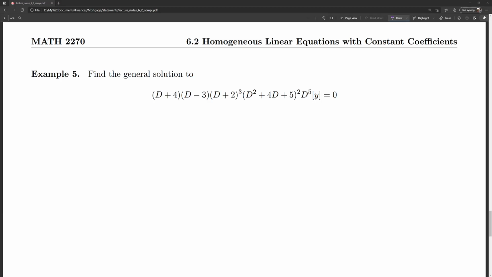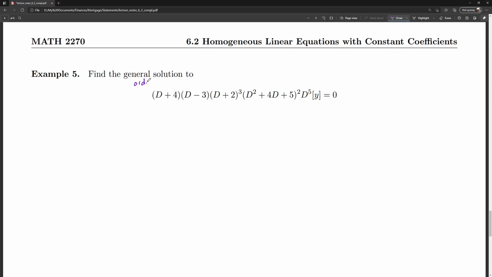So let's first take a look at the order of this differential equation. If we just look at the highest power of D in each of these factors, the highest power of D here is 1.